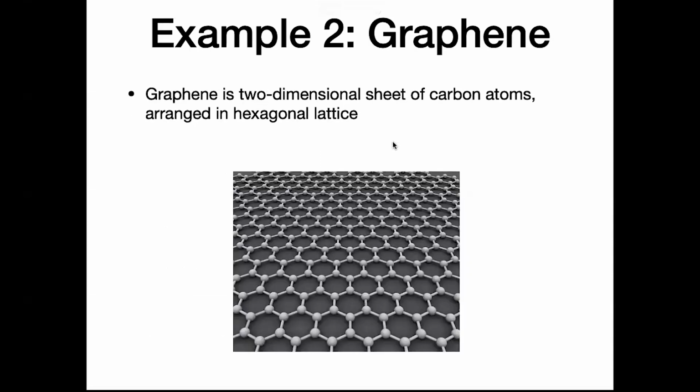Okay, so let me tell you another example where quantum field theory can be used to get a non-trivial result. The second example is graphene.